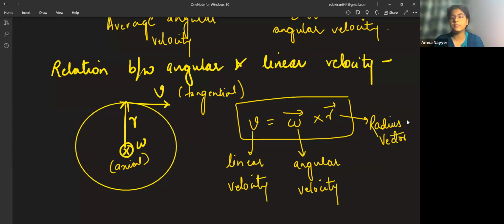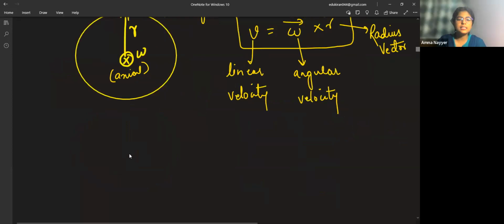So how can we write this? V is omega r sine theta. That's how you will write.